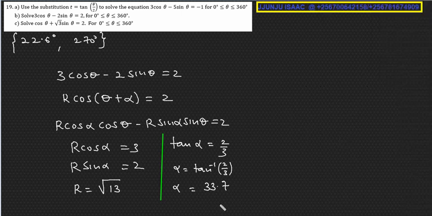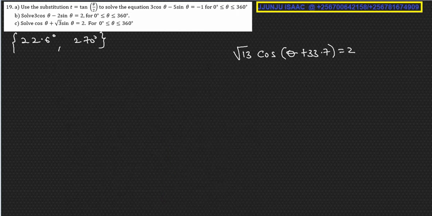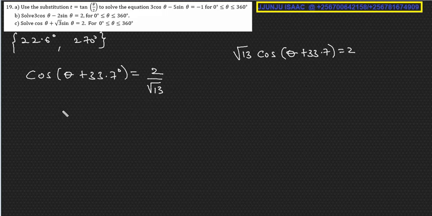Okay, so this implies that root 13 cos(theta plus 33.7) is equal to 2. And for that case, our cos(theta plus 33.7 degrees) will be equal to 2 divided by root 13.